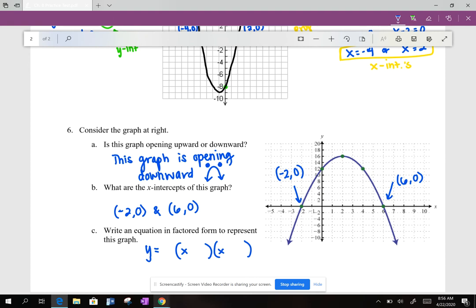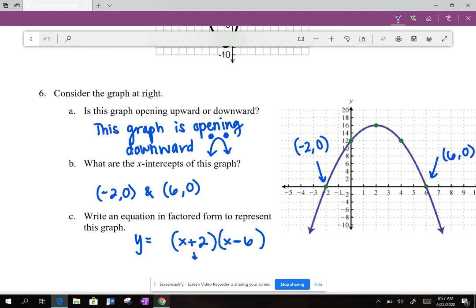Here's the thing though, I'm not going to write x minus 2 and x plus 6. I'm going to write the opposite sign. X plus 2 and x minus 6. Here's why.